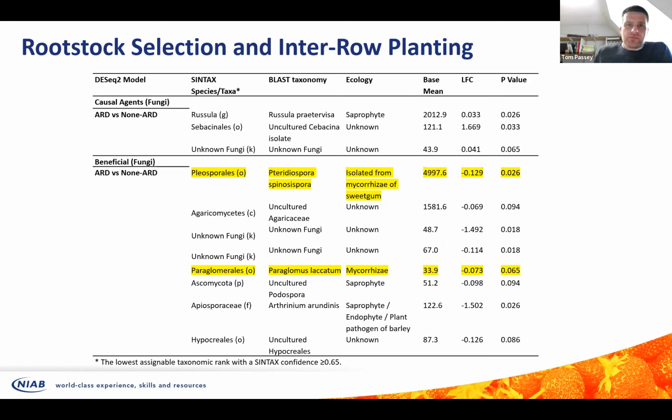But you can see from the table here, we have pulled out a few potential causal fungal agents, and also, interestingly, a couple of beneficial fungi associated with AMF. So again, differences there showing that it can be both an increase of pathogenic and a decrease of beneficial microbes.